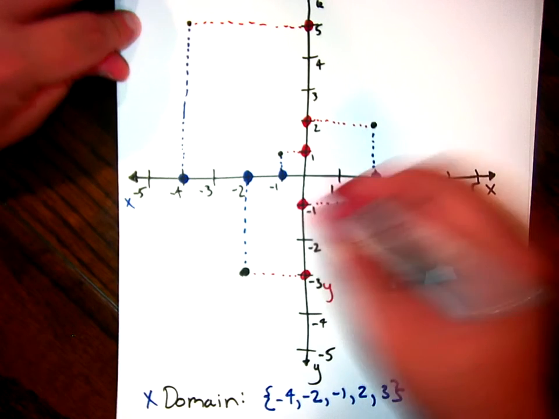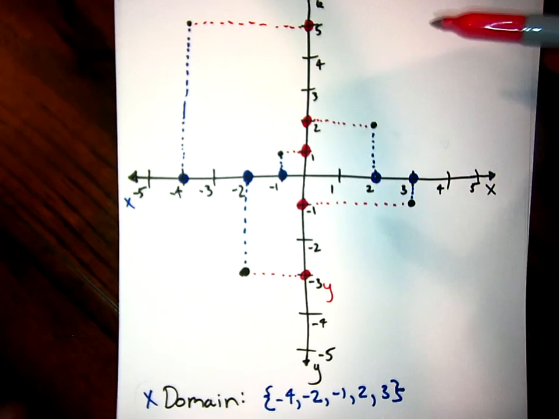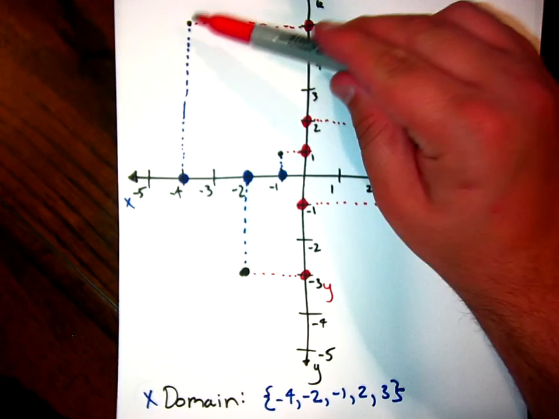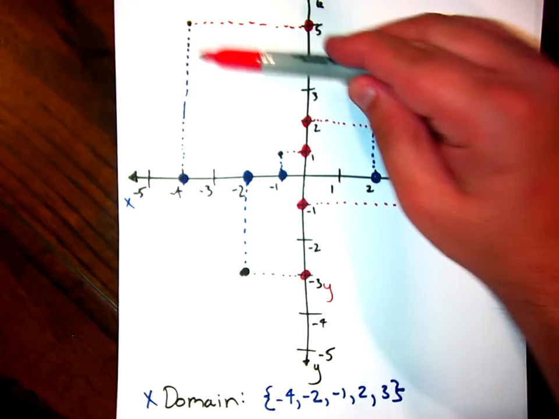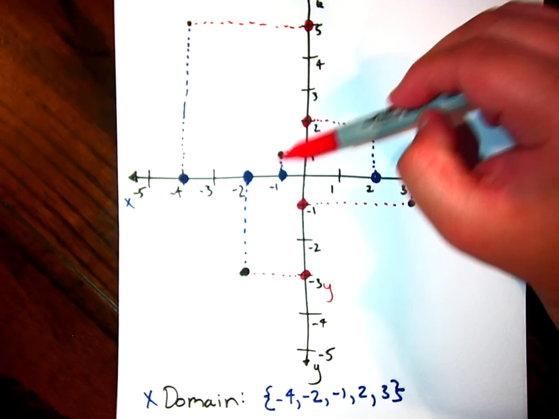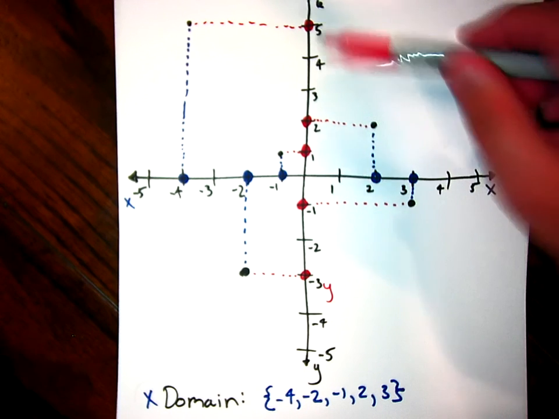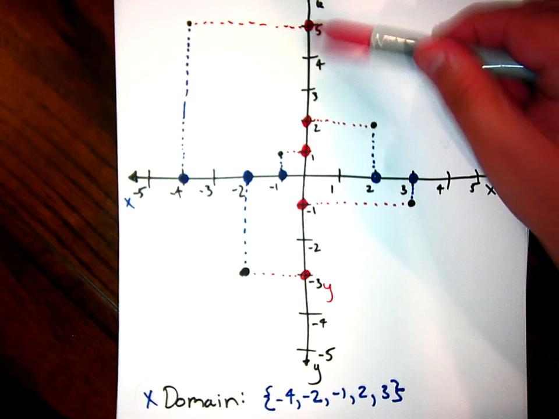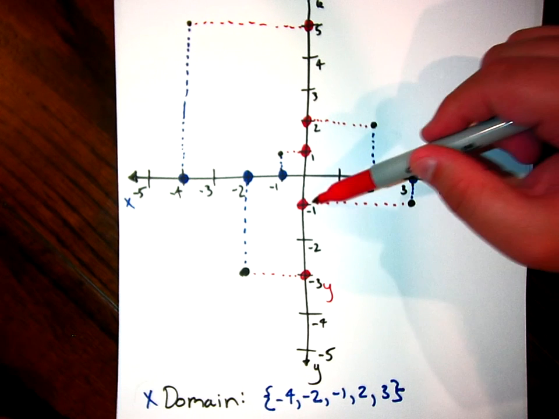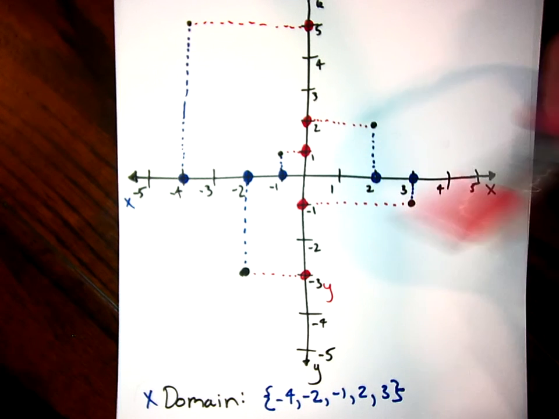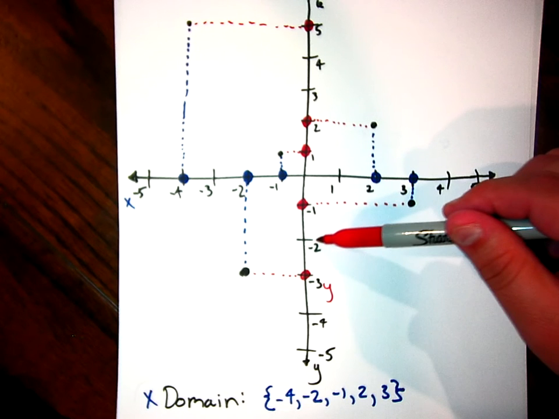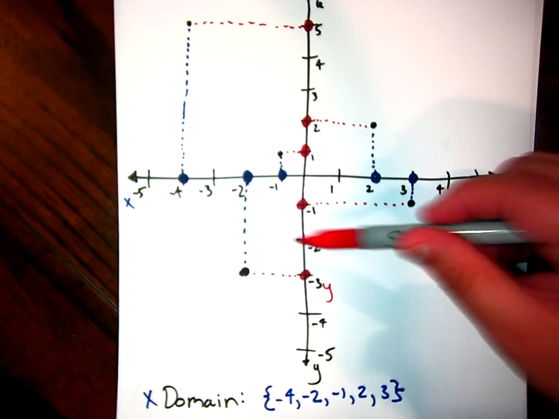But again, because this is not continuous, because there's just a collection of dots and no lines connecting them, no curves there, then we're just going to get points. We're not going to get anything between here, just 5, 2, 1, -1, -3. You'll see that -2 is not in my range because there's no point that has that as a y value.